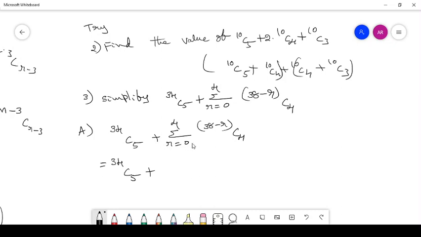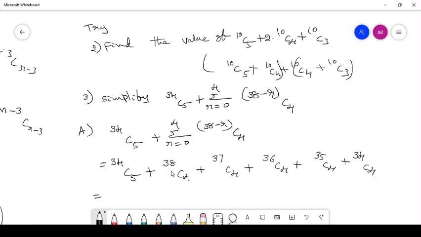Here r is 0 to 4, that is 0, 1, 2, 3, 4. We have to substitute in the top. First we are taking 0. 38 minus 0 is 38C4. Sigma means sum of the values plus. Now we are substituting r is equal to 1. 38 minus 1, 37C4. Next 2. 38 minus 2, 36C4. Next 3. 38 minus 3, 35C4. Next 4. 38 minus 4, 34C4.